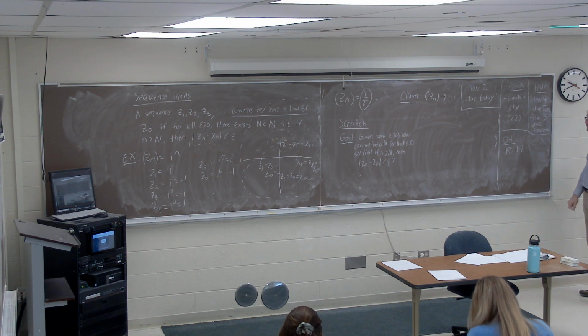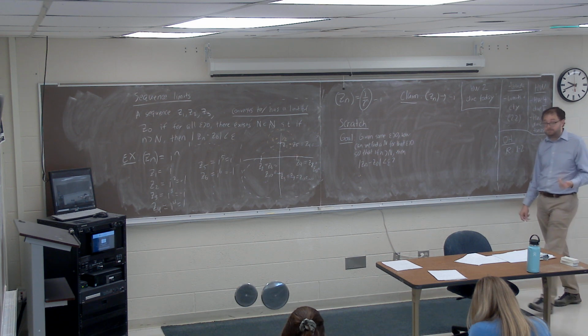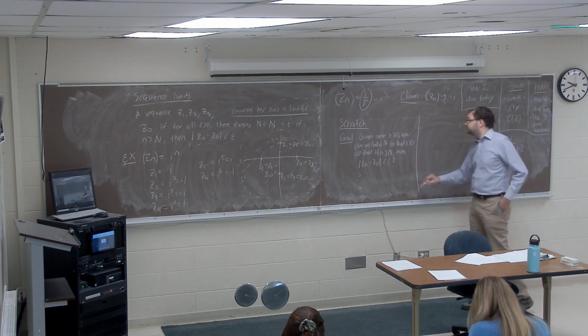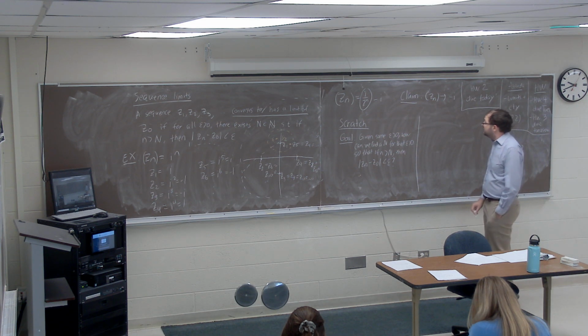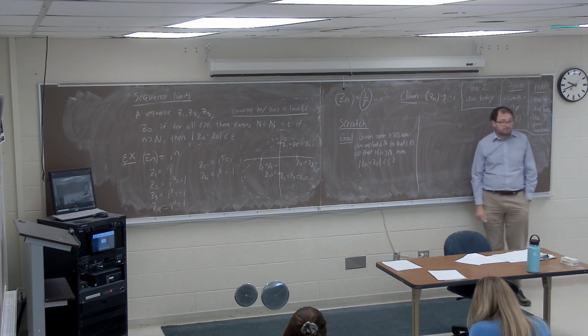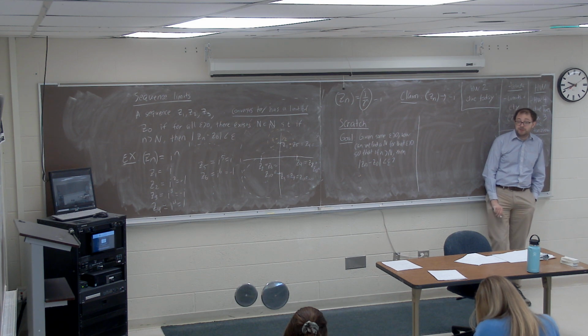So we need to answer the question of, if I were to give you some epsilon, how do you go about finding a big N that'll get the job done for that epsilon? So Ginger, how would you suggest we go about approaching this scratch work?